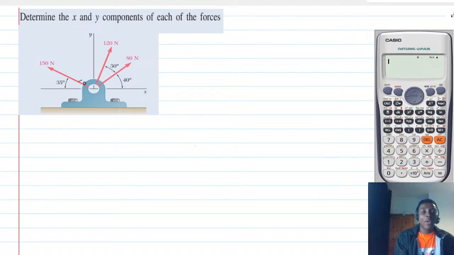So first of all, we are going to start with the resolution of the forces.